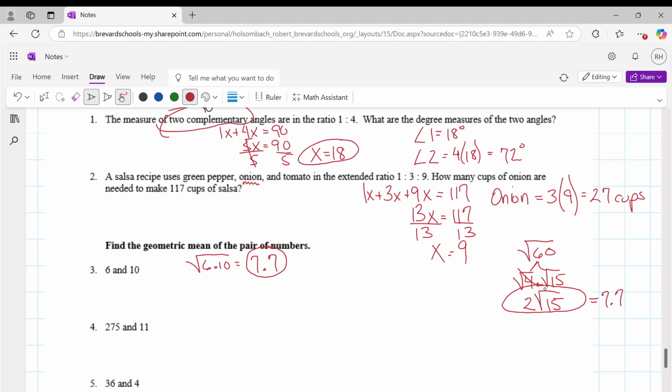A number outside of a radical means to multiply by the square root of the number under the radical. So if you see your answers in this format, just multiply the 2 times the square root of 15 and see what that's equal to. If it's not equal to 7.7, then obviously don't choose that answer. Multiply the next answer choice.